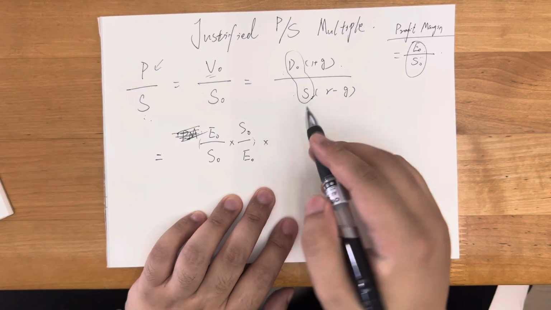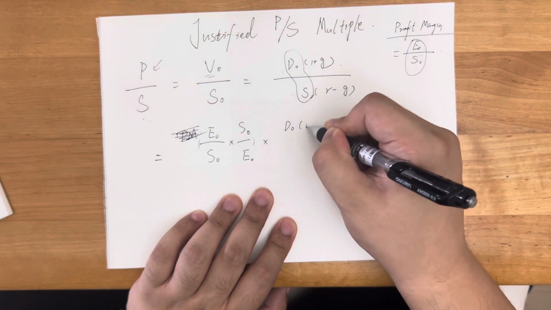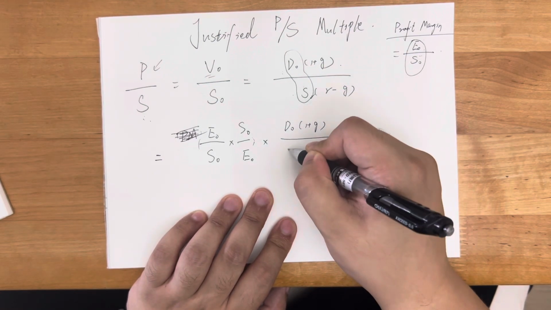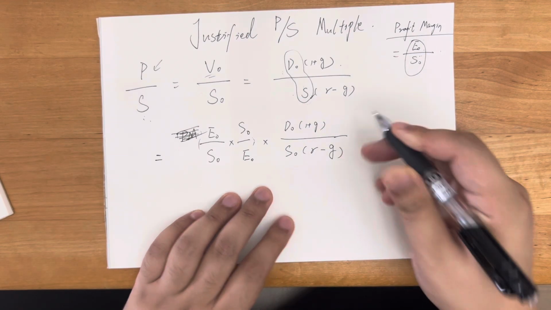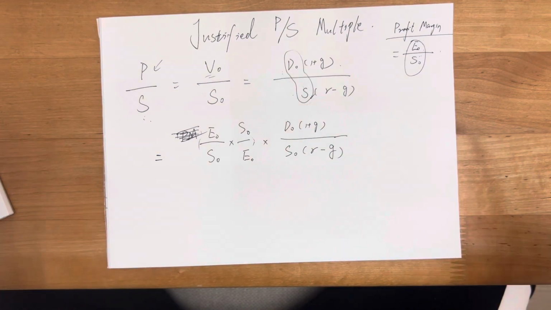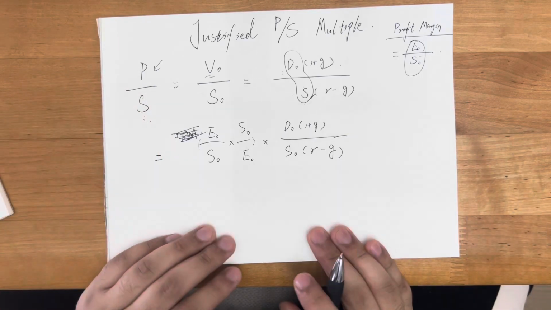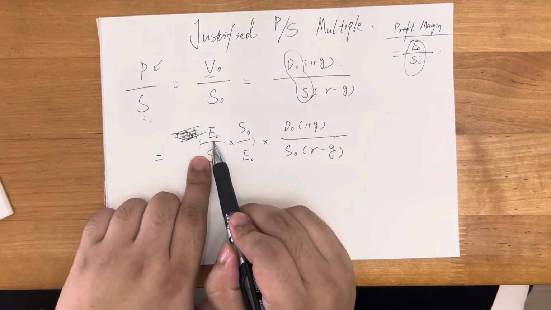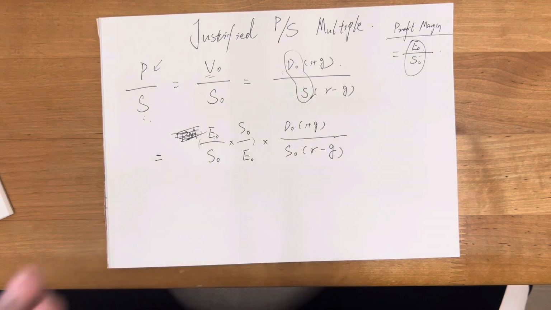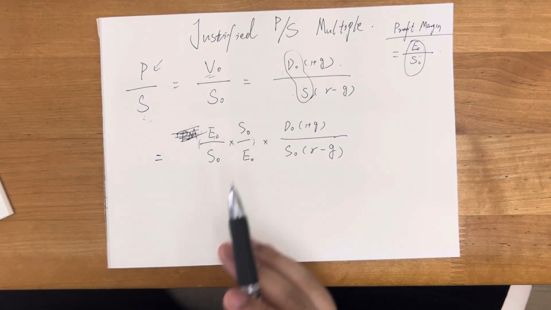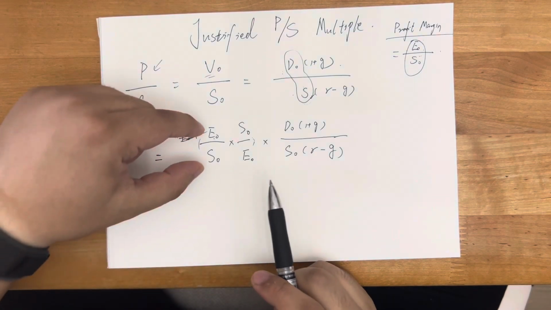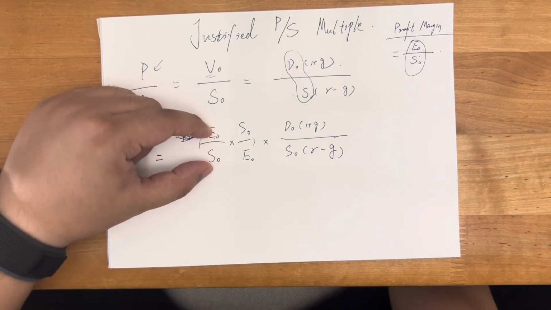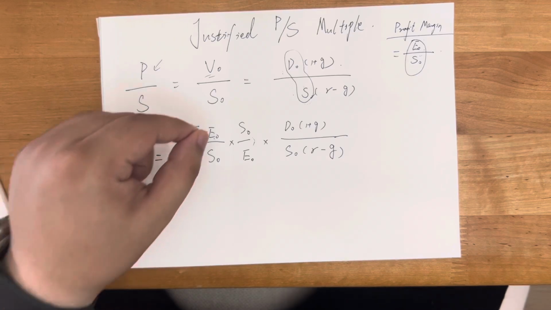And then you have the original (1 plus g) S0 over (r minus g). Why do we need this? Because if you force this inside, you can play around with things a little bit. You can squeeze this inside and get rid of everything else.